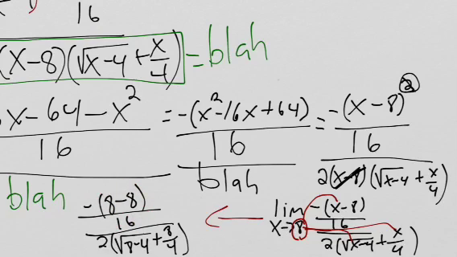So we have 0 divided by, well, this is going to be 2 plus 2 is 4, times 2 is 8. So we have 0 divided by 8, which is just 0. And our limit is equal to 0. That's our final answer. All that work for such a simple answer, but it was obviously worth it in the end, because when you get 0, you can always just throw a nice smiley face on there.